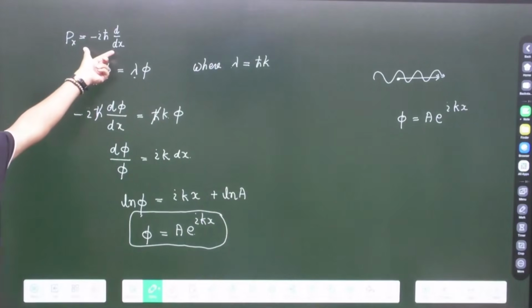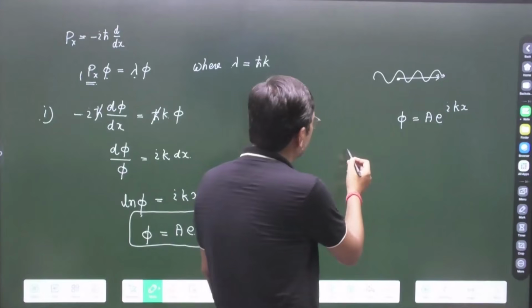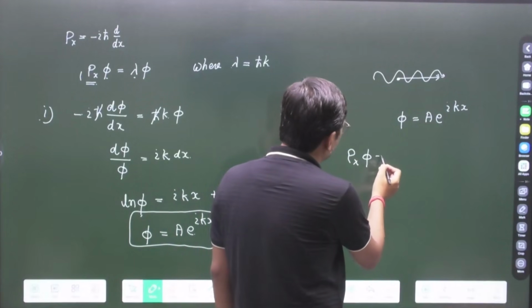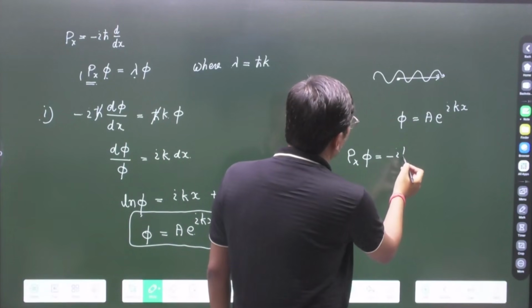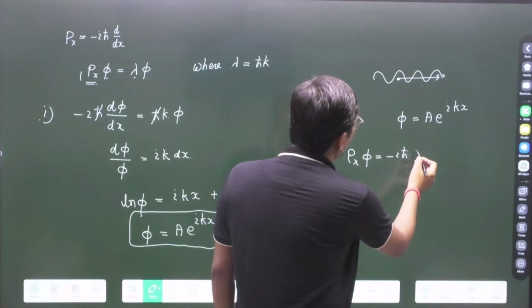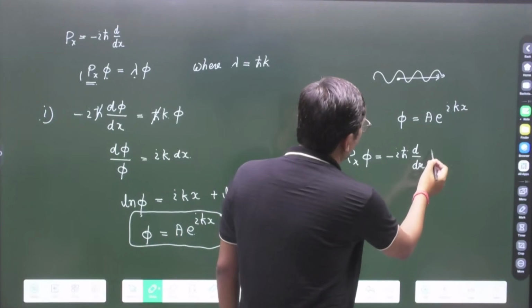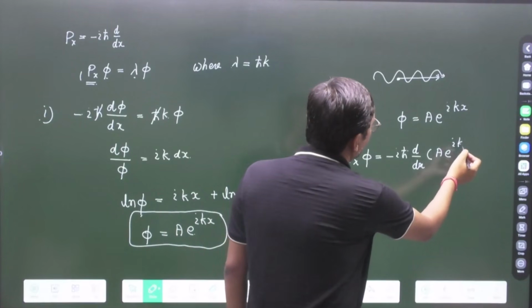By this operator. This is the momentum operator. So if I operate this operator px over this state phi, px is minus iota h cross d by dx, acting over this A e to the power iota kx.